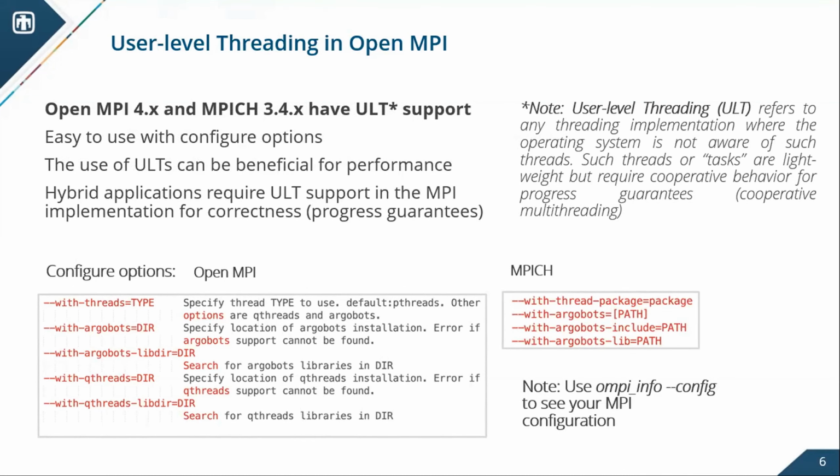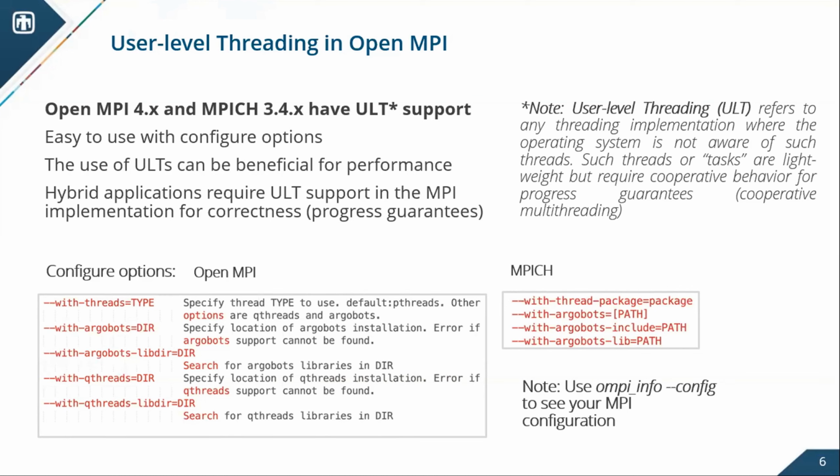And to work with this feature block, you can simply download one of the supported MPI implementations, which are listed here. And then you can configure Open MPI or MPICH to support one particular user-level threading library. So currently, this technique doesn't support them all. You have to select which user-level threading library you are going to use in conjunction with your MPI implementation.